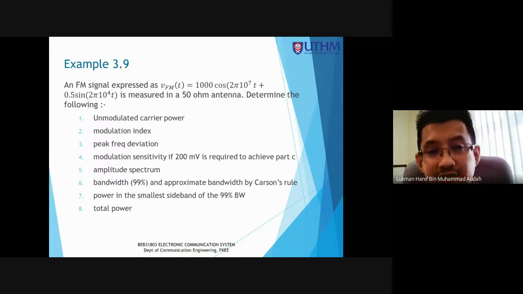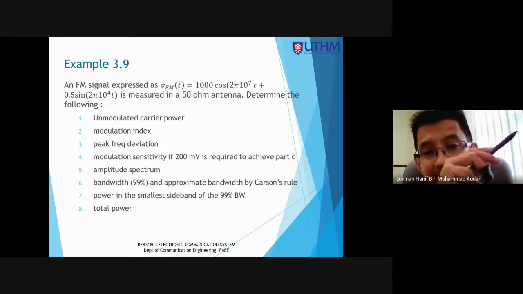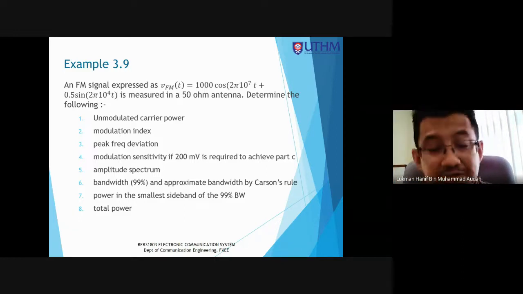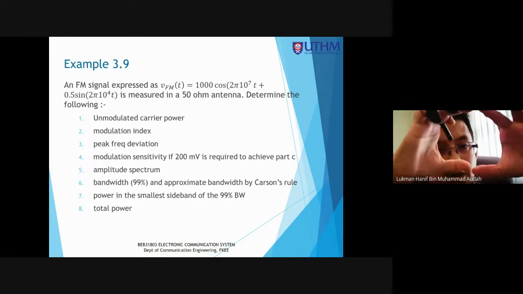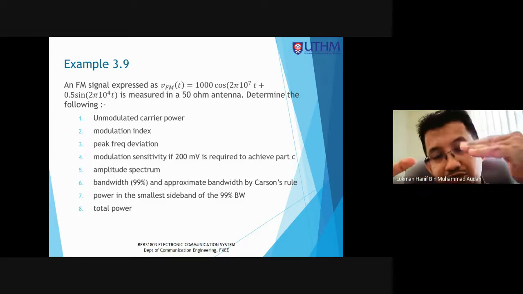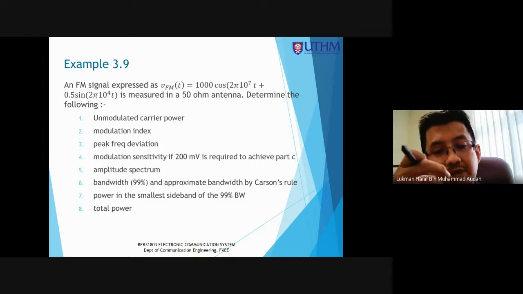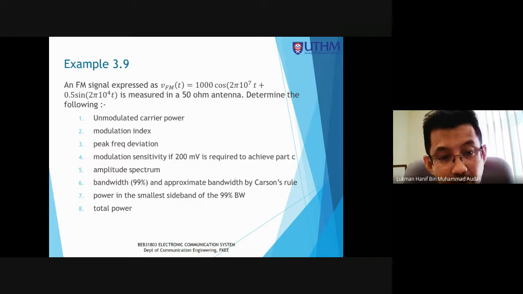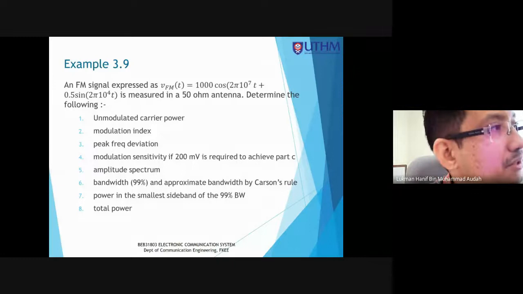So the risk is that if we get the early part wrong, we may get the subsequent parts wrong, because the questions are related to each other. We have one big question and its sub-questions. So this kind of example is, in my opinion, a good example for practice. So let's look here, example 3.9.